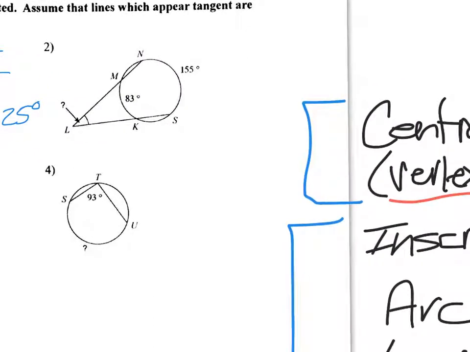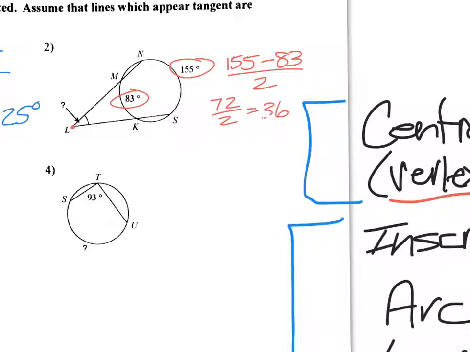Where's our vertex? Our vertex is outside the circle. So if we look over, when it's outside the circle, it's big arc minus small arc divided by 2. If I do that, I get 72 divided by 2, which is 36.